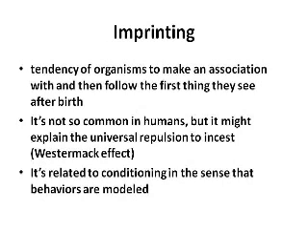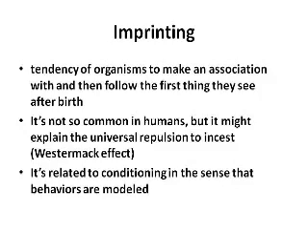So that may be one of the few cases of imprinting in the human species. Imprinting is related to conditioning in the sense that behaviors are modeled. They can be modeled either positively or negatively. And in the case of the incest taboo, they are modeled negatively in the sense that we develop an aversion towards those people that are around us when we are born and during our early infancy.